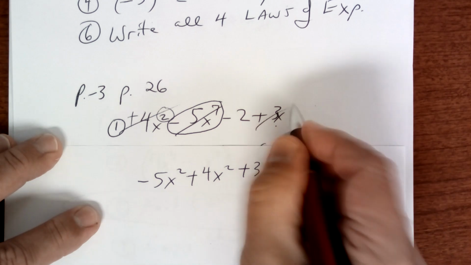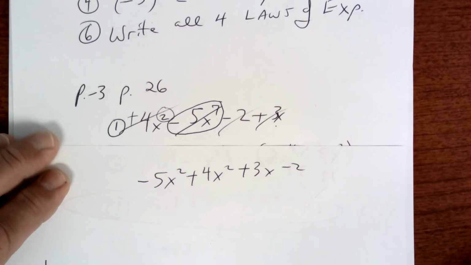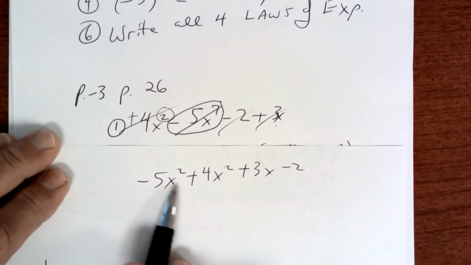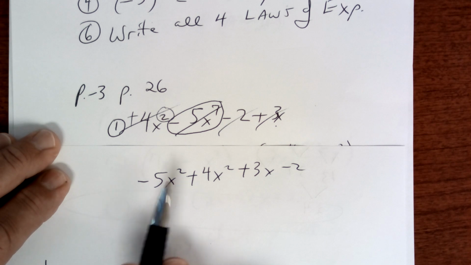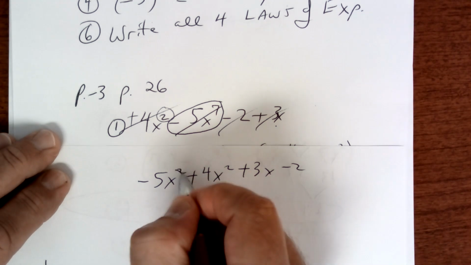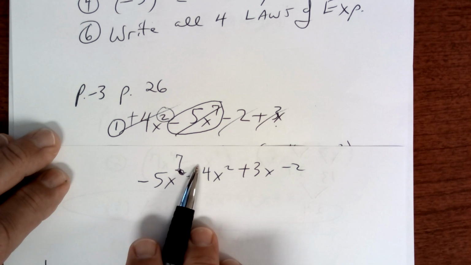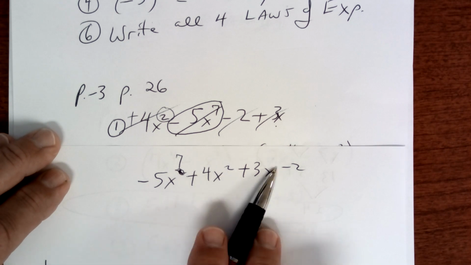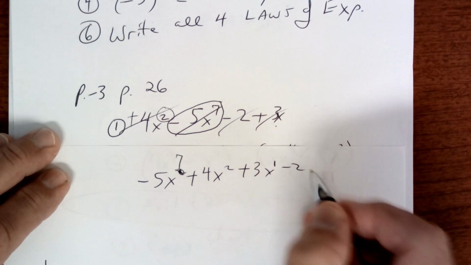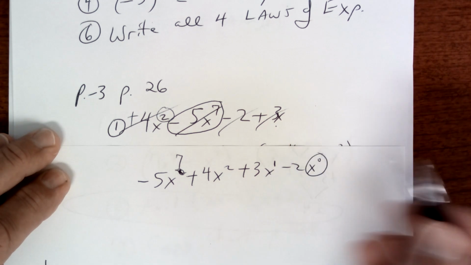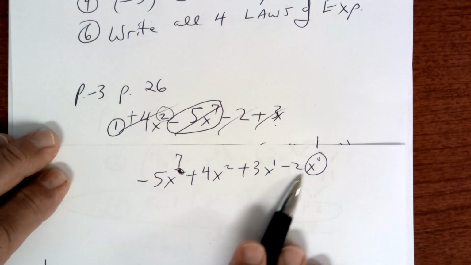That would be called standard form. Notice that the exponents decrease, and this one should be 5x to the 7th power. So it's going from 7, skips a bunch, goes to 2, and then it goes to 1, and then it goes to 0. X to the 0 power is 1. So it's understood to have that, but we don't write that.